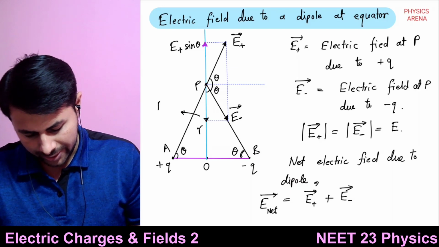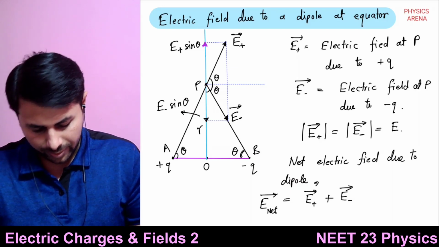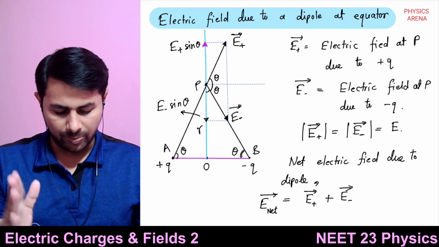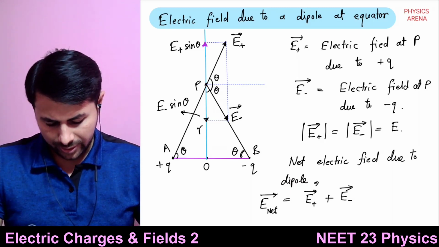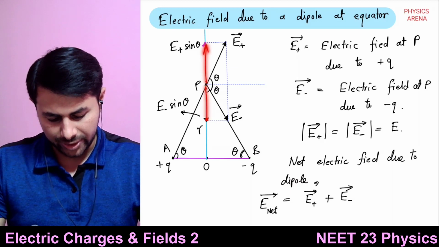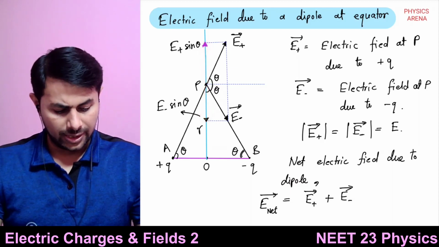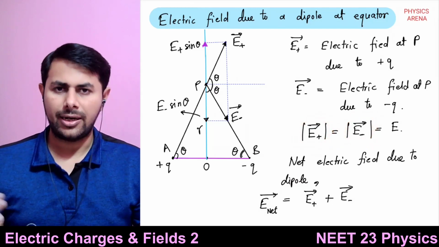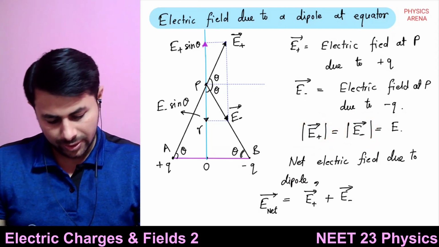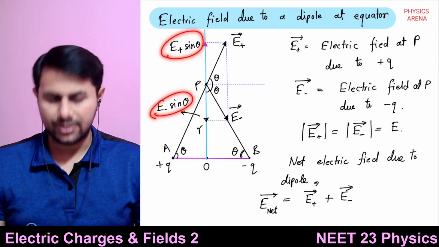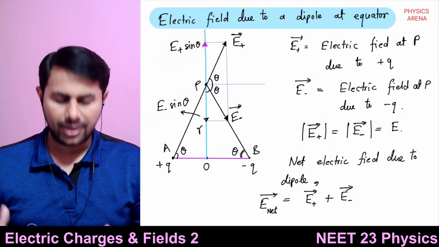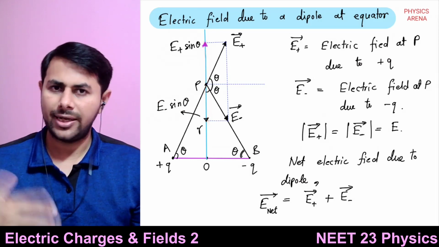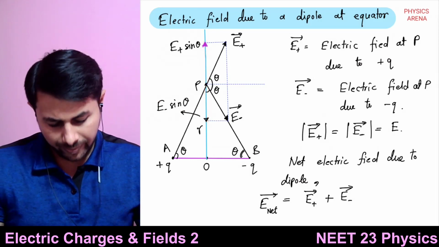So the vertical components, or components along the equator, are directed opposite to each other. Since the magnitudes of E plus bar and E minus bar are equal, E plus sine theta and E minus sine theta have equal magnitude and are directed opposite to each other. So they cancel out, right?